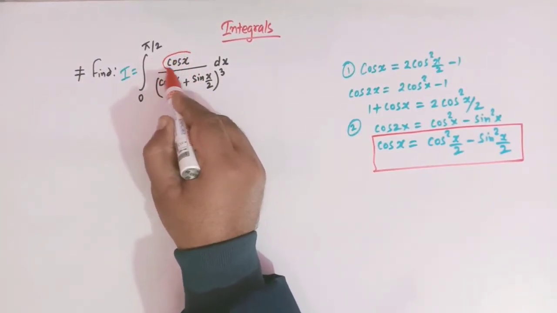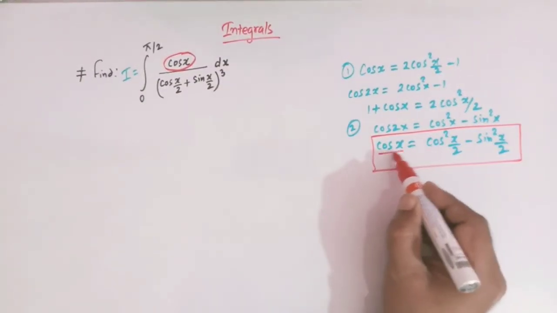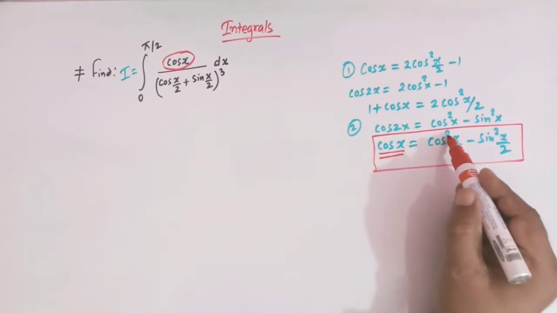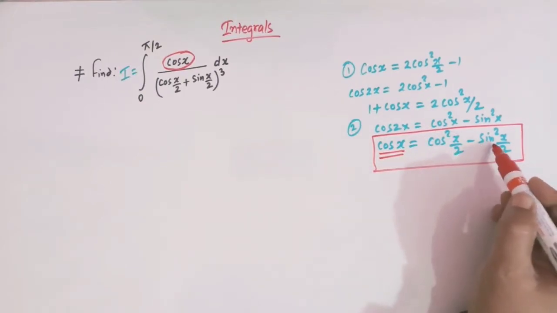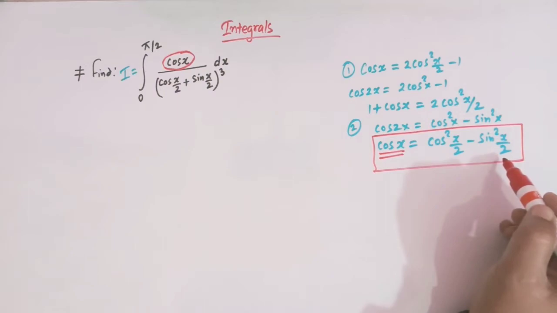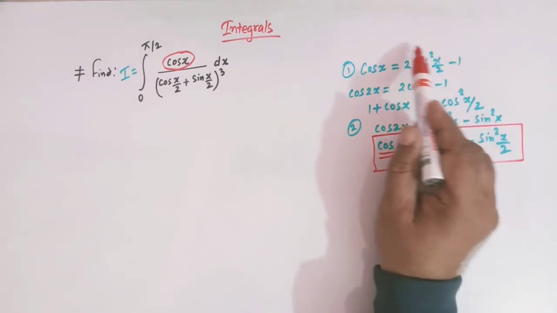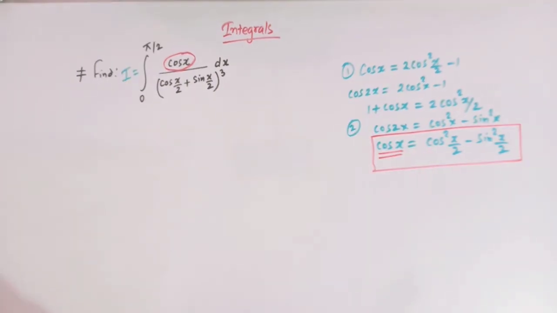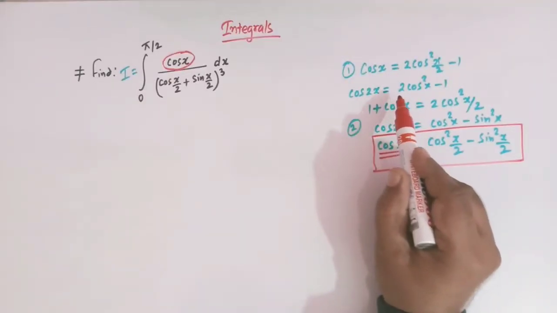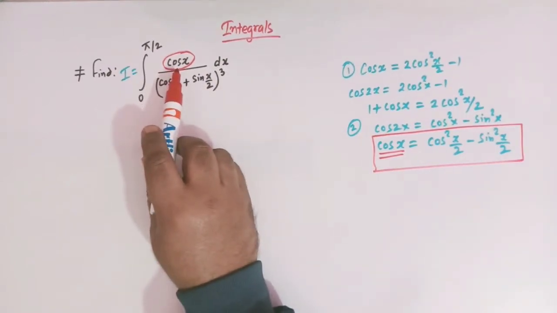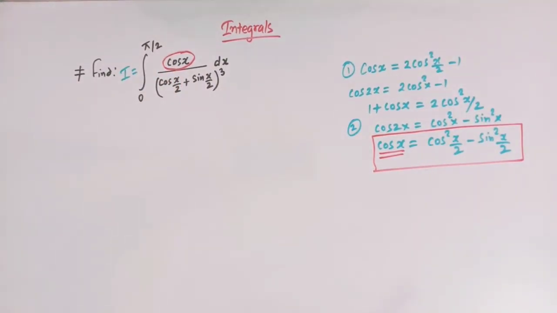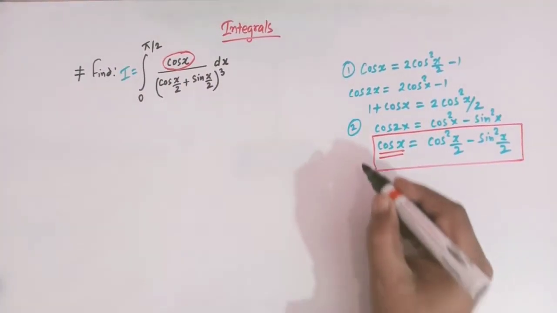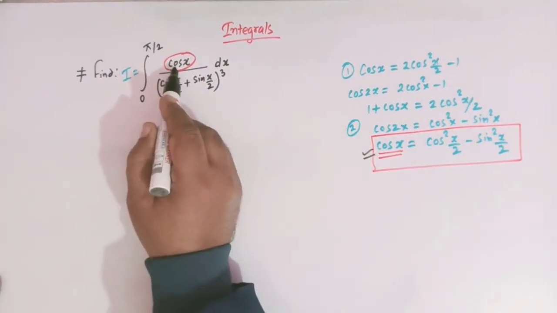We cannot use the earlier identity here, so now let us apply this identity over here.